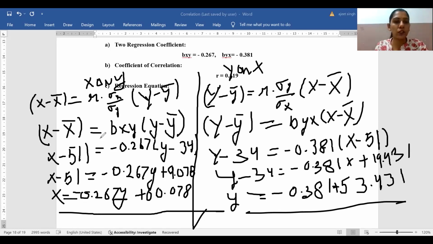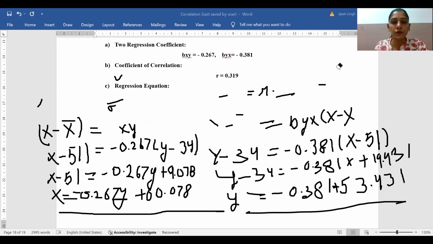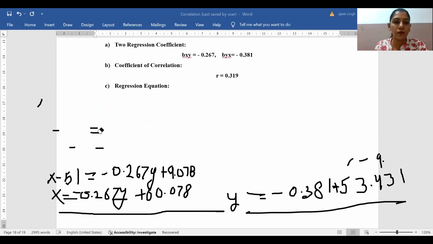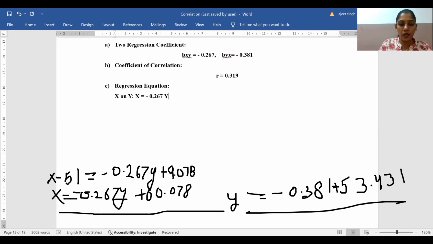Now let me write these equations. So we have solved the equations. The equation for x on y is x is equal to minus 0.267y plus 60.078.